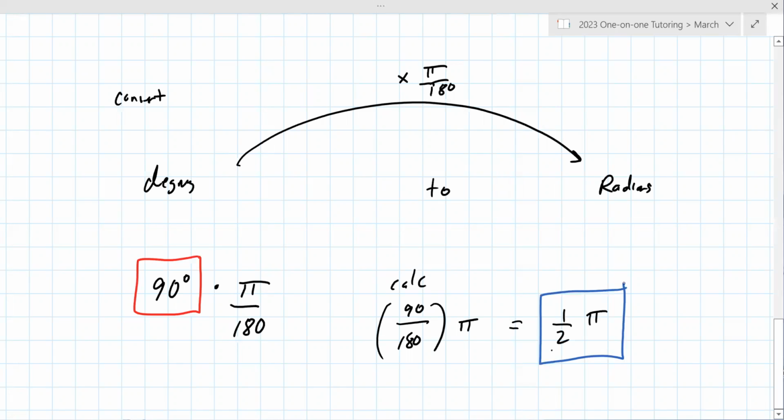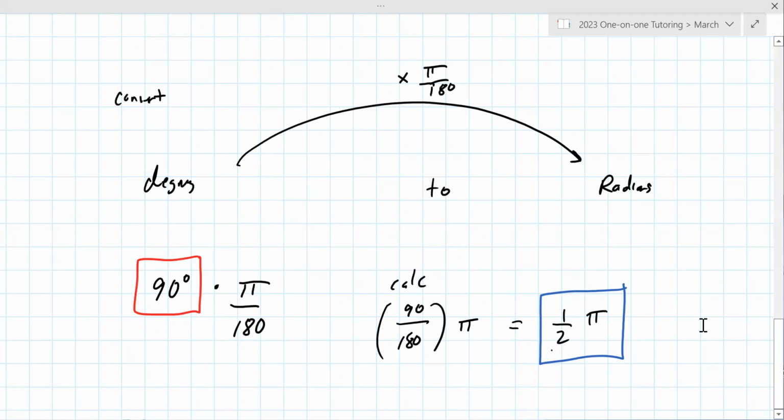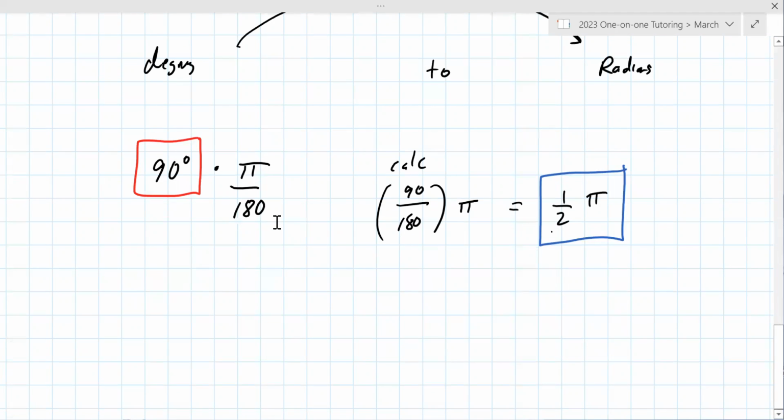So if I'm given the 90 degrees in this triangle and I want to convert it over to radians, all I generally have to do is insert it into the pi over 180.